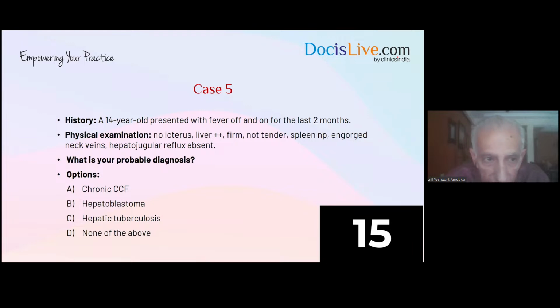Spleen is not enlarged, but he has engorged neck veins and the hepatojugular reflux is absent. Please make a note. Neck veins are engorged, liver is enlarged, fever off and on for last 2 months, and your choices are chronic CCF, hepatoblastoma, hepatic tuberculosis, or none of the above. Your time starts now.